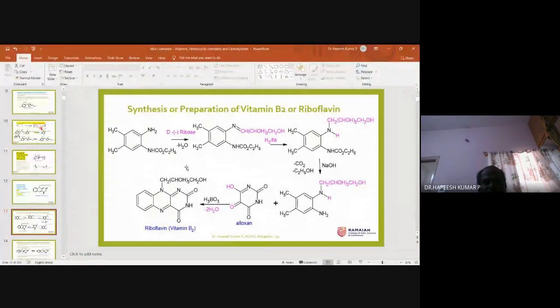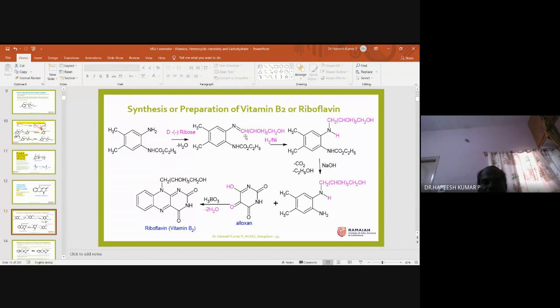Then what will happen here? It means that one of the NH groups is protected, and the other NH is free. That NH reacts with ribose. You know ribose. What is ribose? Ribose is CH2OH, CHOH three times, CHO.